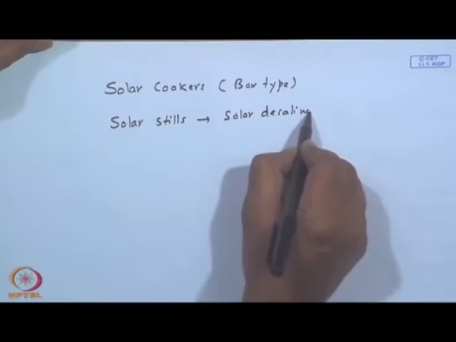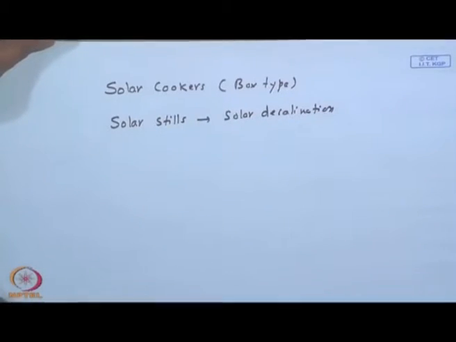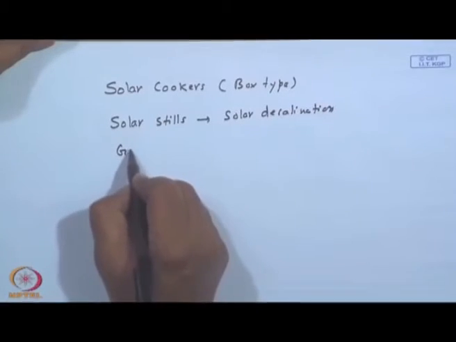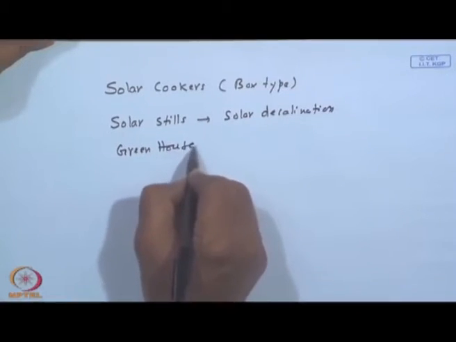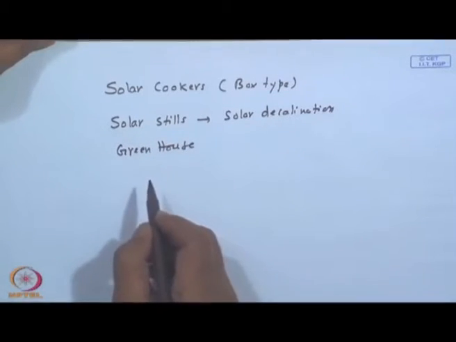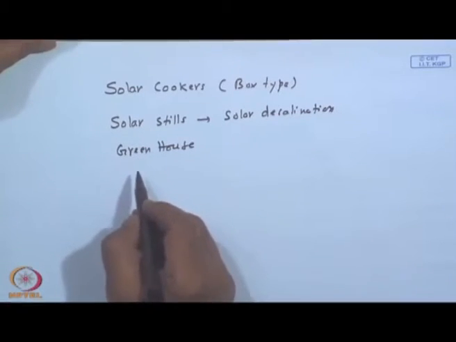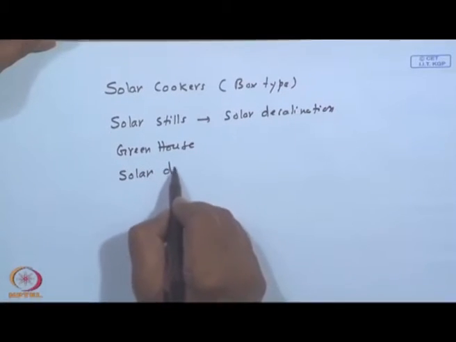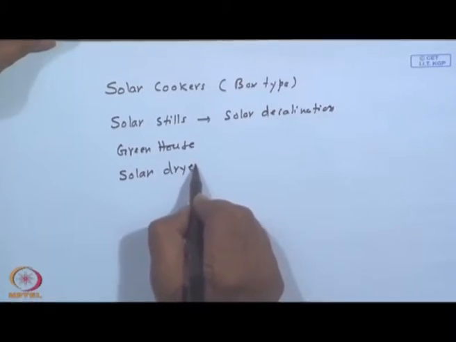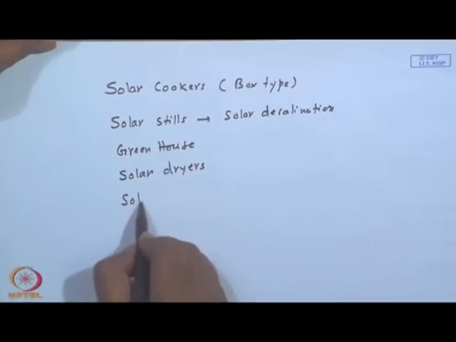You may have n number of ways of doing it, including a reverse osmosis process. Greenhouse. This need not be used only in the derogatory term that this is a greenhouse effect and the climate has become hotter. Solar dryers, they can be active, they can be passive, and then solar ponds.